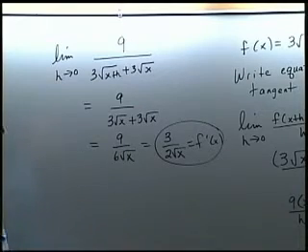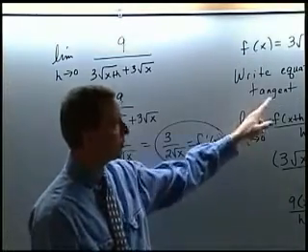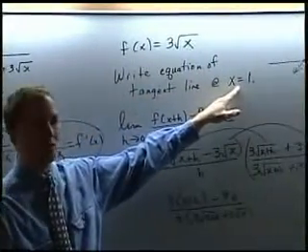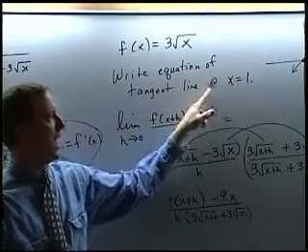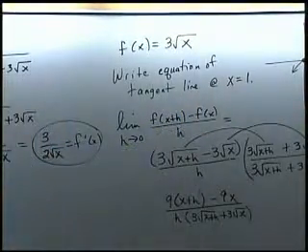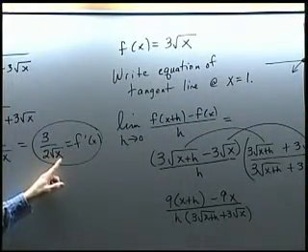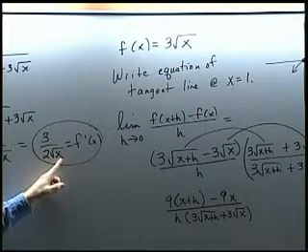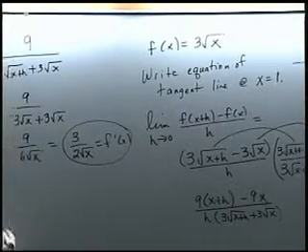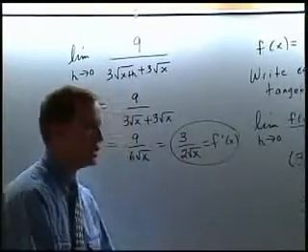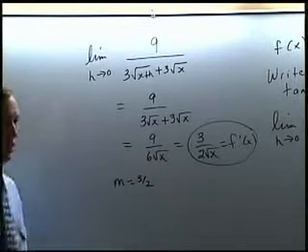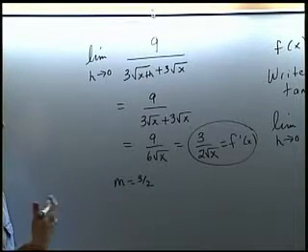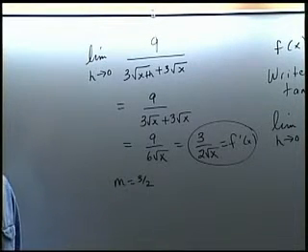But now that we are here, we should be able to answer our initial question very easily. We want to find the slope at x equals 1. So if I substitute in 1, what is my slope? 3 over 2. All right, so one of the components that I need to be able to write this equation is the slope, and the slope is 3 divided by 2. What's the other component that I need to be able to write an equation?